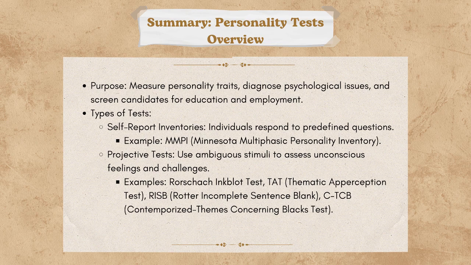It asks a series of true-false questions that are designed to provide a clinical profile of an individual. Projective tests use ambiguous images or other ambiguous stimuli to assess an individual's unconscious fears, desires, and challenges. The Rorschach ink blots test, the TAT, the RISB, and the CTCB are all forms of projective test.